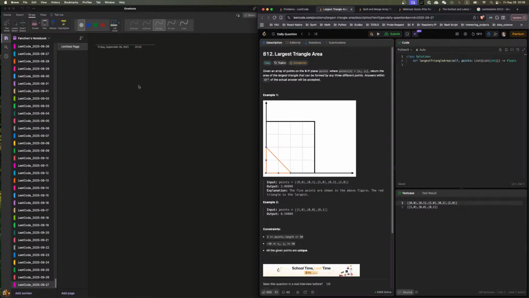Well, all points are unique. So, given some points, is there a rule to say which one is the biggest? Actually, I don't know.